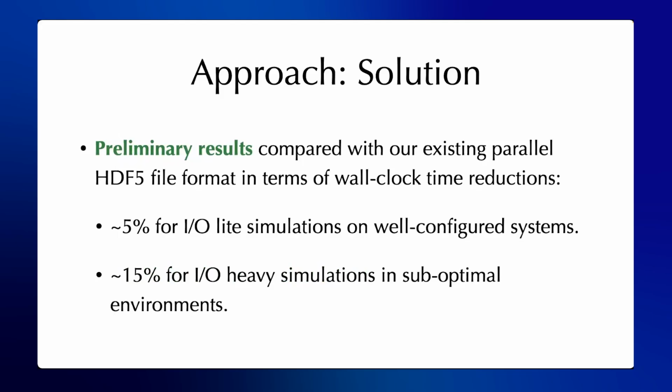And in my experience, a lot of my users fall into that case. They write checkpoint files more often than they should. They write time average files more often than they should, and they don't bother to configure anything. Here, you're looking at closer to a 15% reduction in wall clock time, mostly because of the asynchronous nature of our writing.